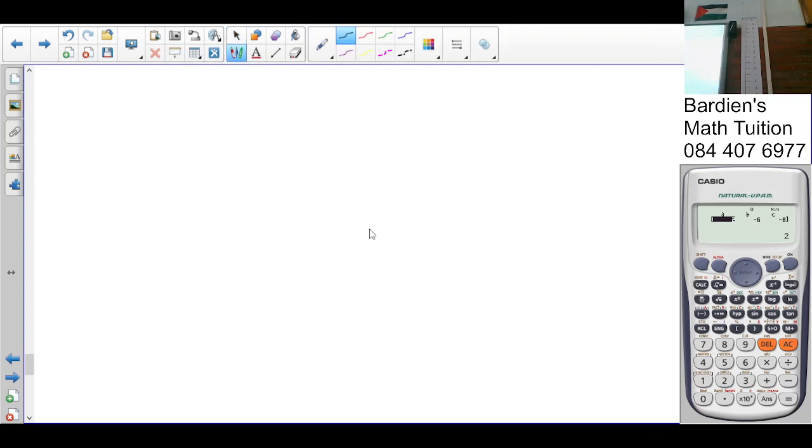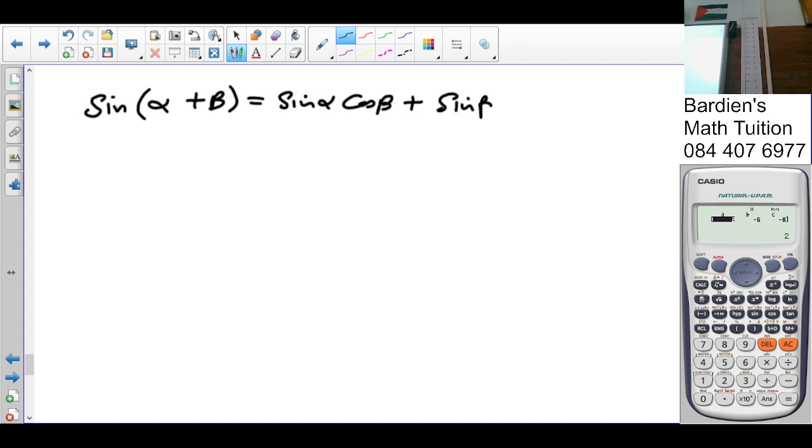Okay, so it's going to be sin alpha plus beta. That can be written as sin alpha cos beta plus sin beta cos alpha. Okay. Now if you have a negative here, sin alpha minus beta, then it's simply sin alpha cos beta minus sin beta cos alpha. Okay.